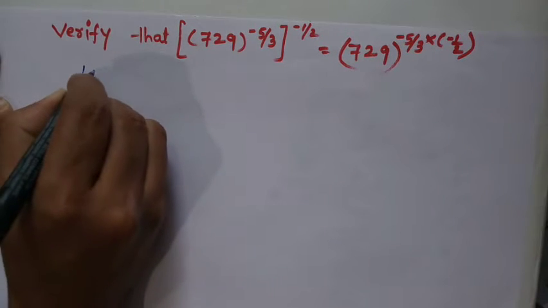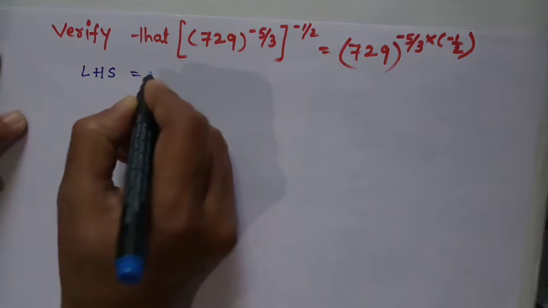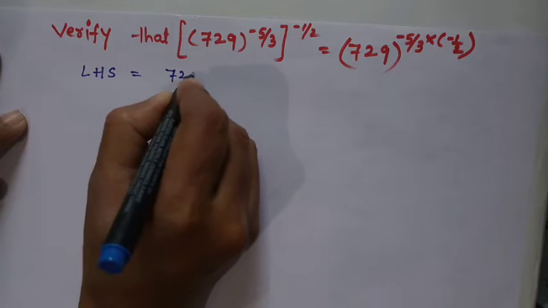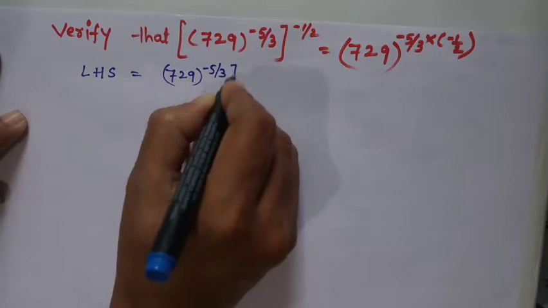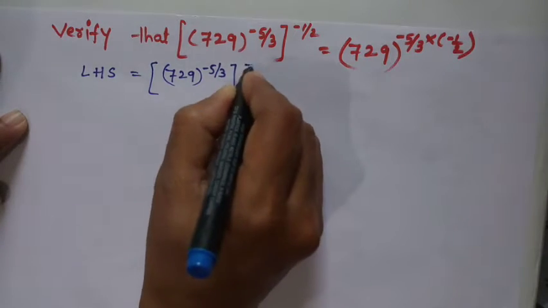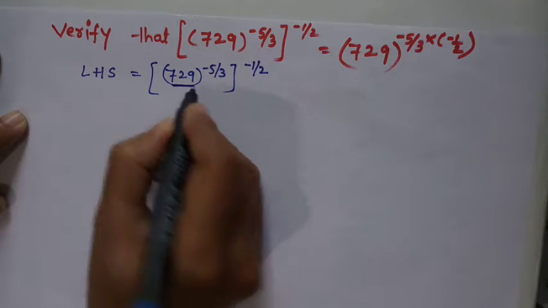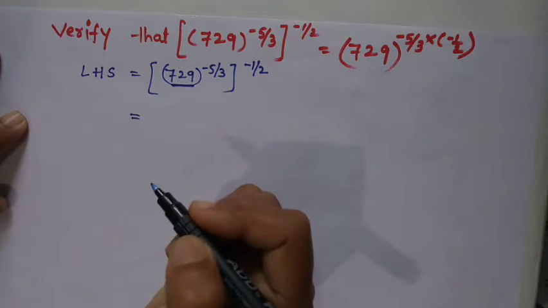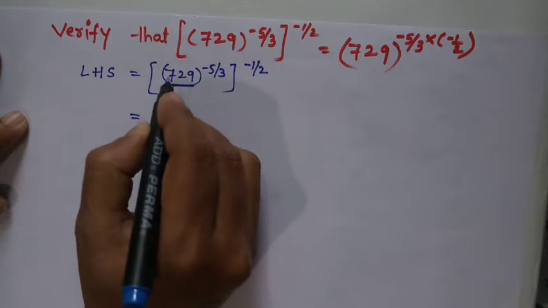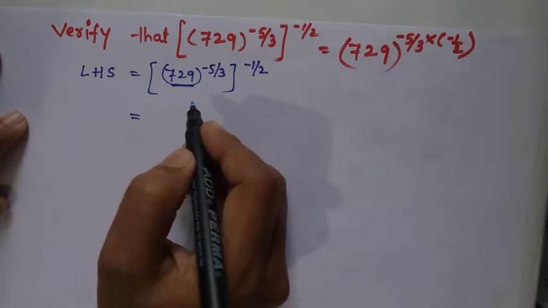I am taking LHS. What is our LHS? Our LHS is 729 to the power minus 5 by 3 and this whole to the power minus 1 by 2. In this case, we have to solve the bracket first. So this is 729. This 729 is the cube of which particular number?